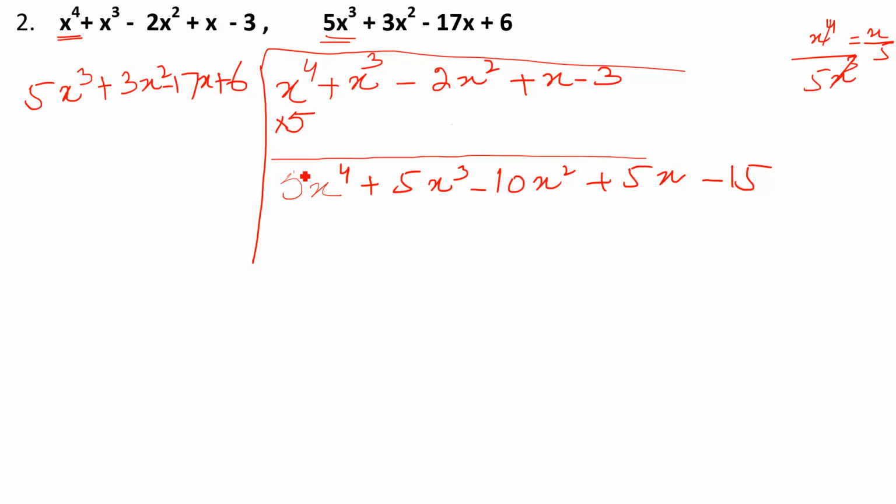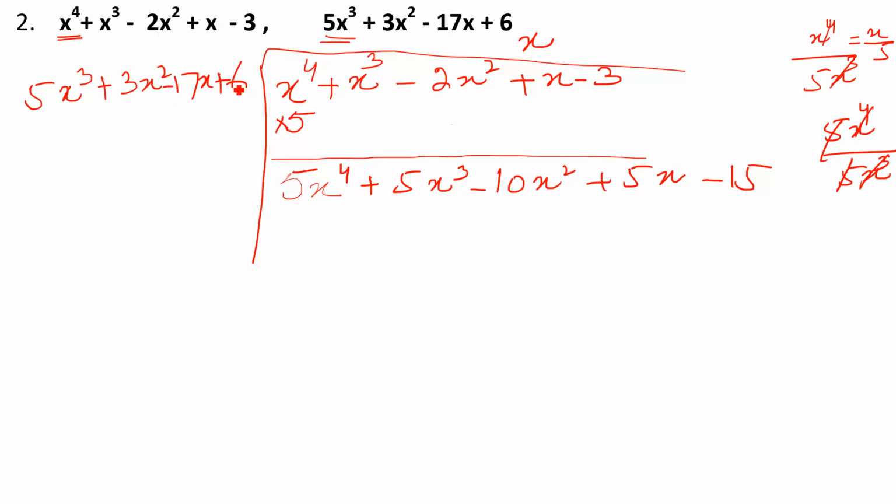Now see, both have the same coefficient. So take this first term 5x^4 in the numerator, and the first term of the divisor 5x^4 will cancel out, only x is remaining, so x will go to the quotient.